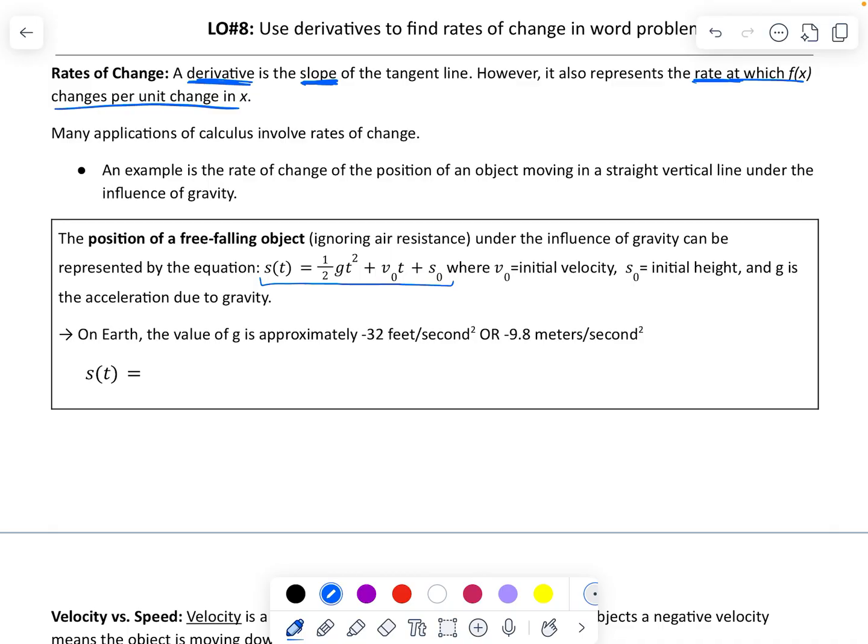Okay, v naught. So the initial velocity is v naught, and then s sub 0 or s naught is the initial height. Okay, so initial velocity, initial height.